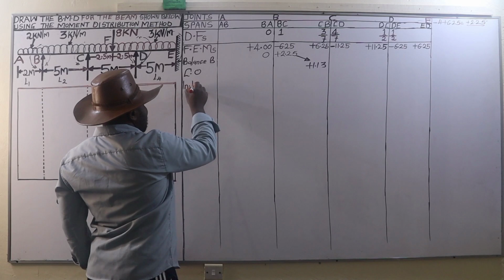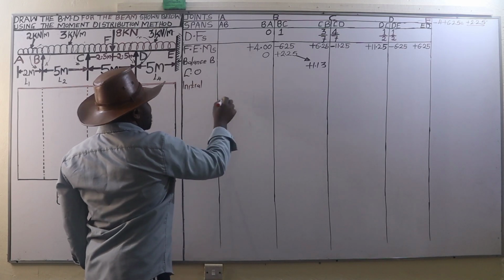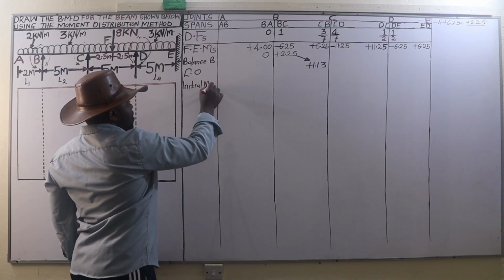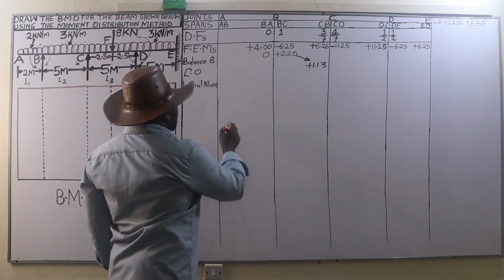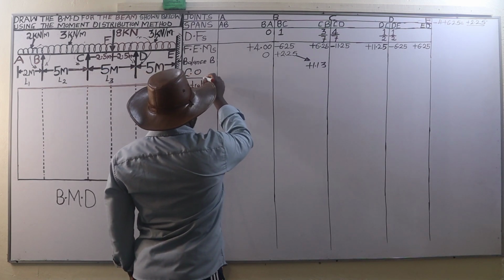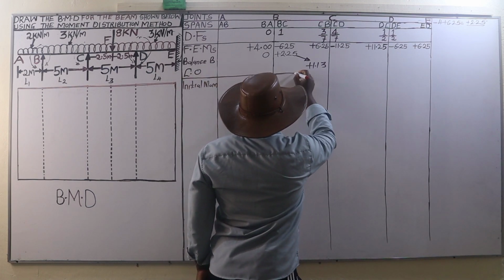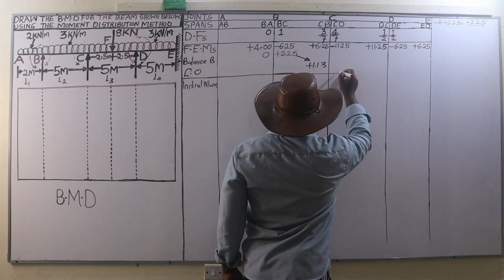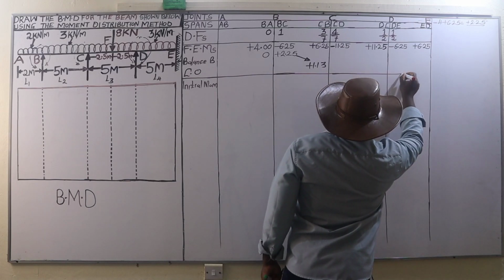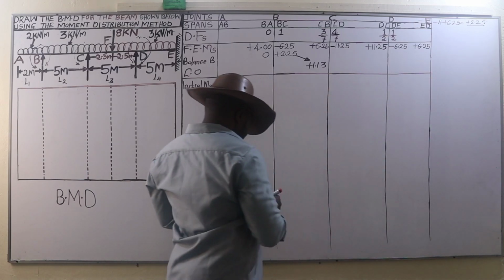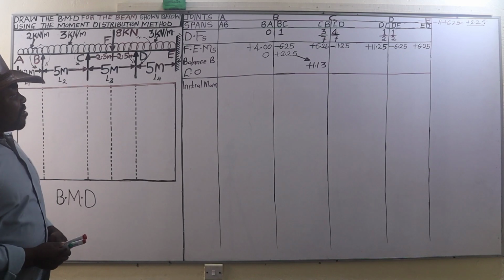So we write here initial moments. Let me write in short form, initial moms. So let's have a separation at this point. Very good. Now, the initial moments are going to be as follows.